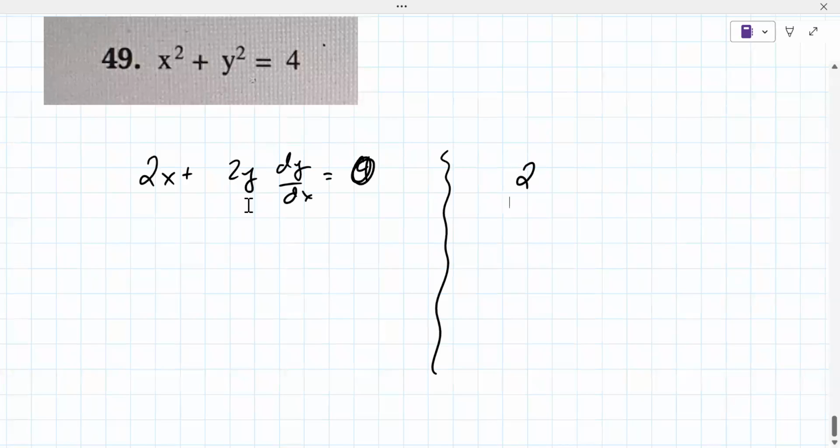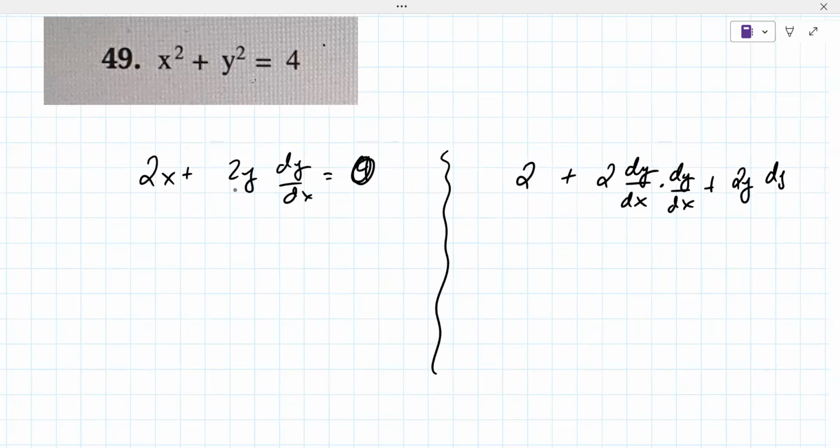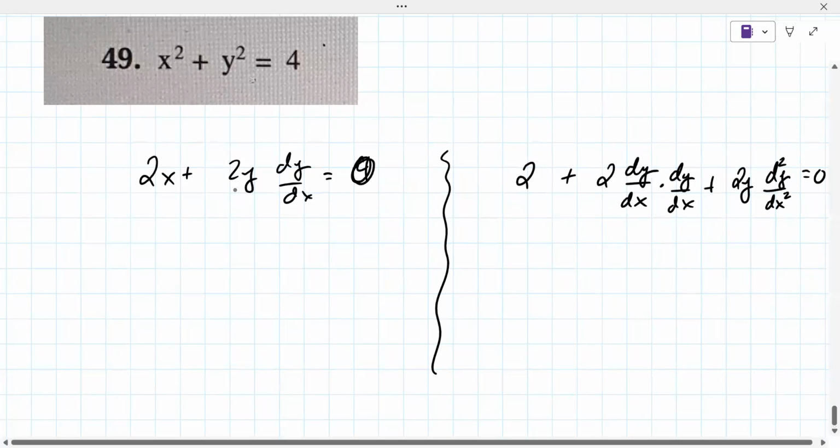The one in the middle here is product rule. So it's derivative of the first, which is 2 dy dx, keep the second dy dx, plus keep the first 2y, derivative of the second is d squared y dx squared, equals 0.